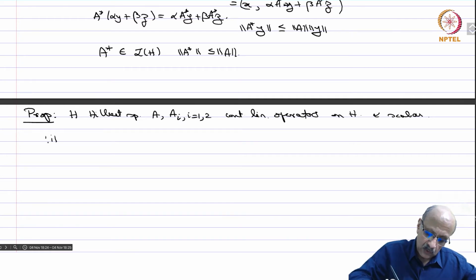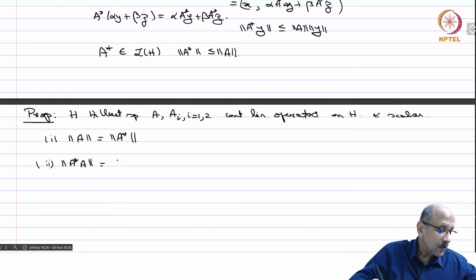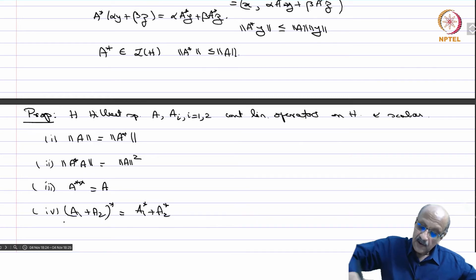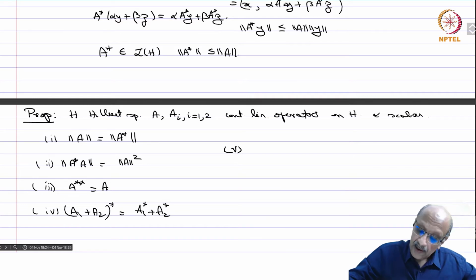Then: 1, norm A equals norm A star. 2, norm of A star A equals norm A squared. 3, A double star equals A. 4, (A1 plus A2) star equals A1 star plus A2 star. 5, (A1 A2) star equals A2 star A1 star.